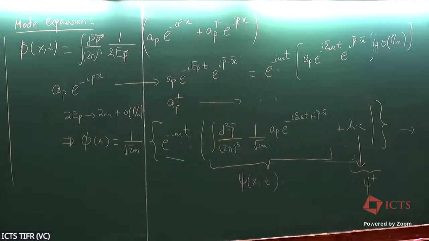Now, coming back to your question, we started with a real scalar field, but we are ending up with a non-relativistic Lagrangian that has a complex scalar field. So what has changed from the real scalar to the non-relativistic complex field? Is the time derivative the same in both the relativistic Lagrangian and the non-relativistic Lagrangian?